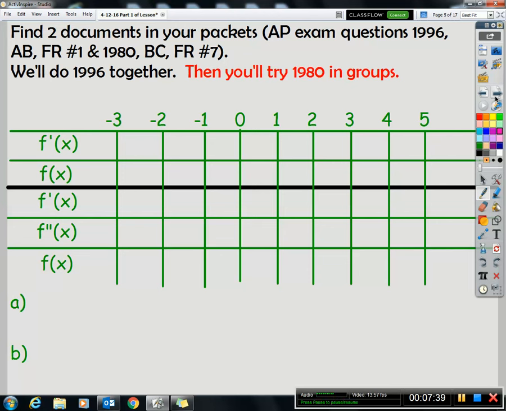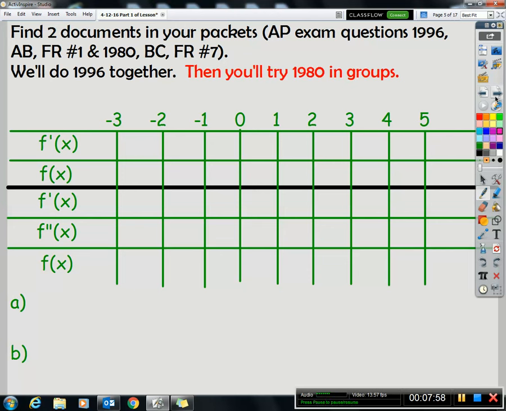Now, if you look at the graph, what I have done is created a chart where for every single x value listed on the graph, I have put them in a sign chart. I may not have needed to list every x value, but I'm going to list them just to be careful.